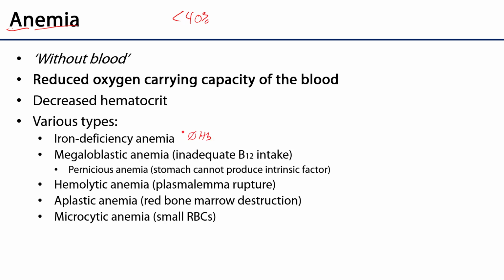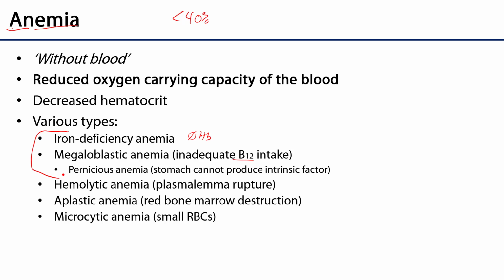That would be problematic. Megaloblastic anemia, where you have an inadequate intake of vitamin B12, and as a result, you can't produce erythrocytes full of hemoglobin. Pernicious anemia, where your stomach can't produce an intrinsic factor that's important for the absorption of vitamin B12, so you can also not produce hemoglobin. So, all of these are ways of not producing hemoglobin.